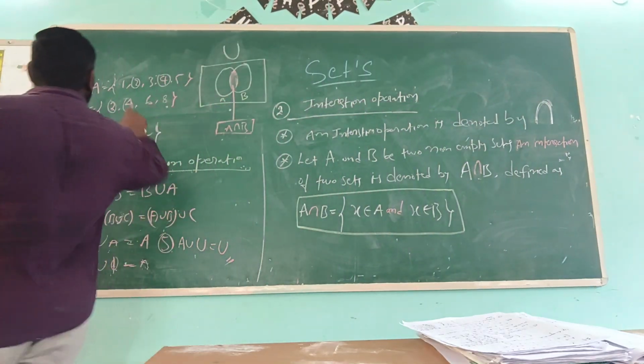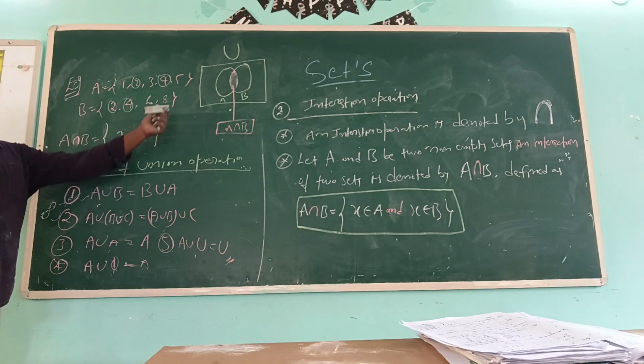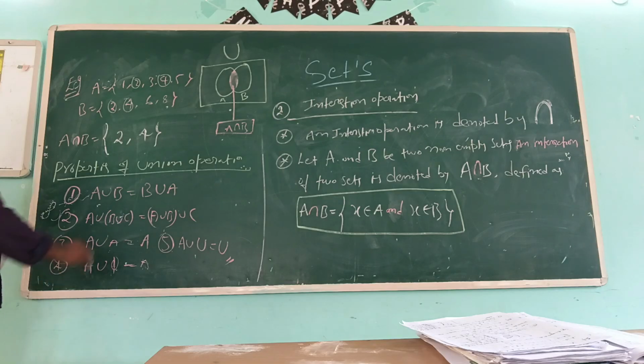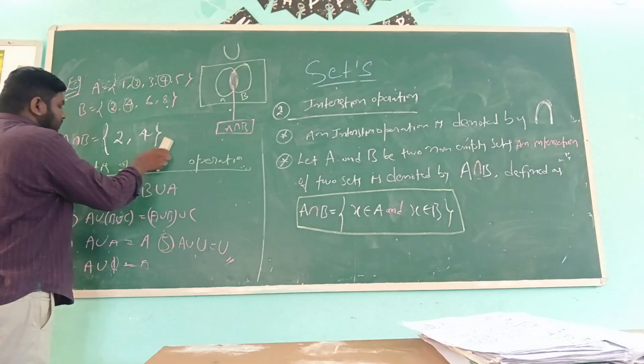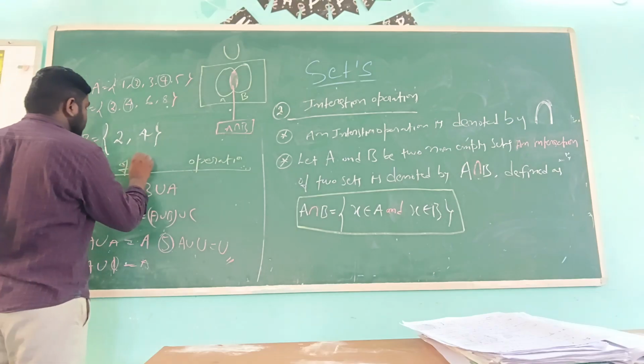An example of this is 1, 2, 3 as common elements. Diagrammatically, the union operator and intersection operator can be represented. Now the properties of the intersection operator.